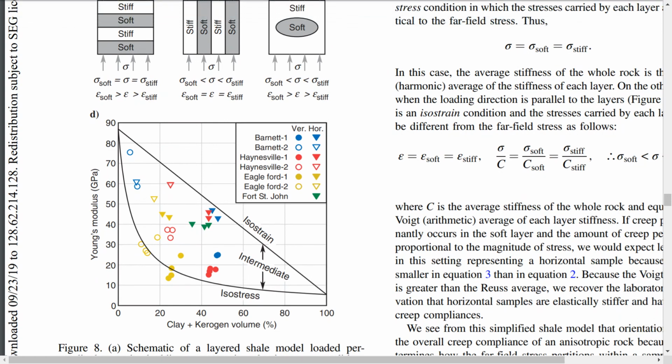So in general, sedimentary rocks are going to have a Young modulus which tends to be larger in the horizontal direction than in the vertical direction, except one case. Can anyone tell me which case that's going to be?